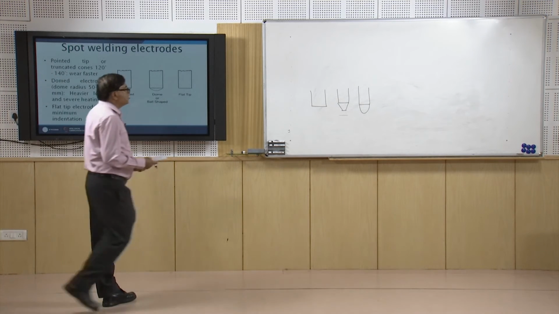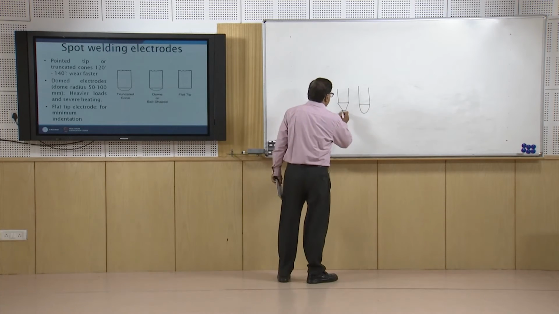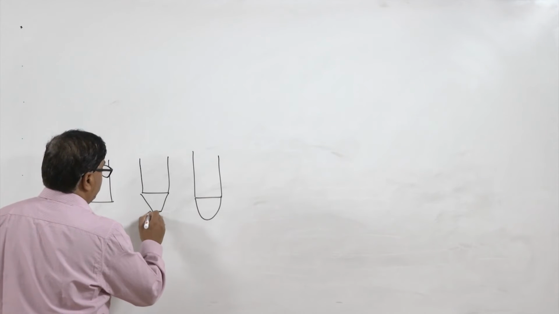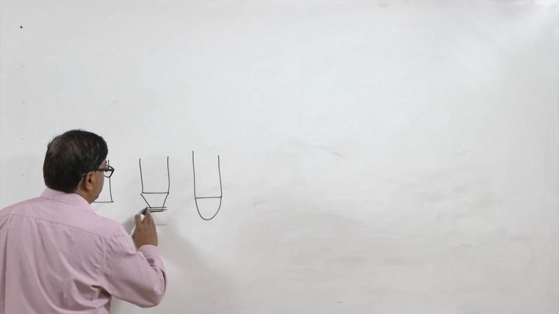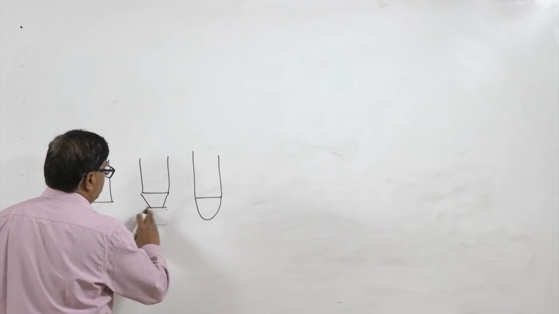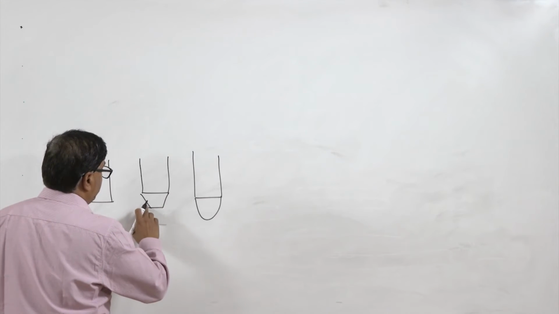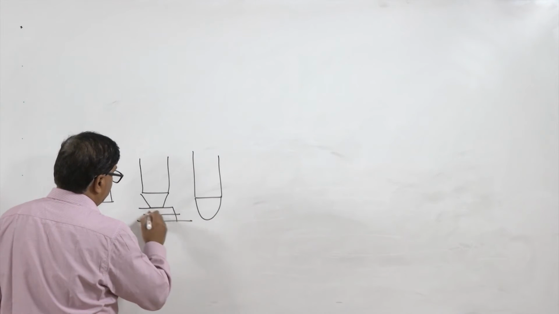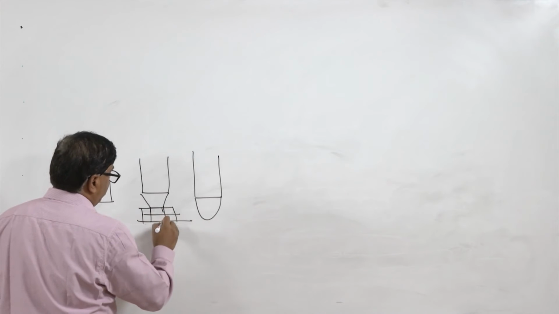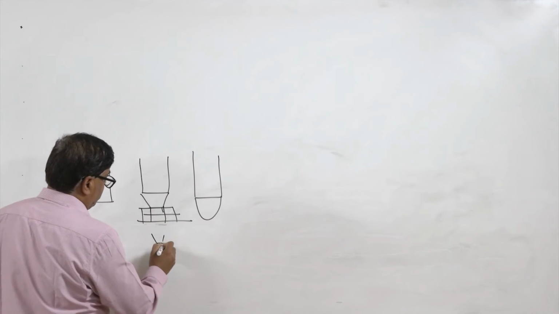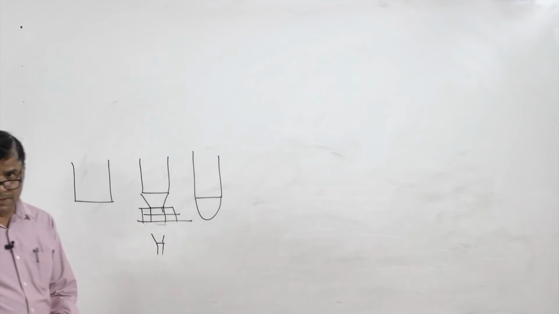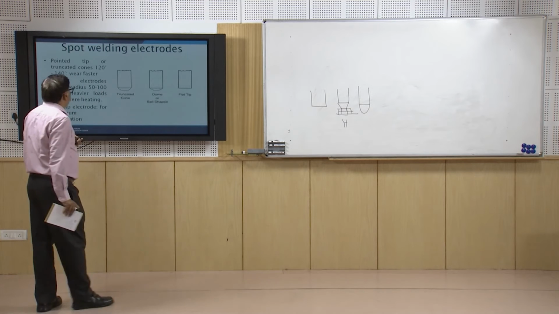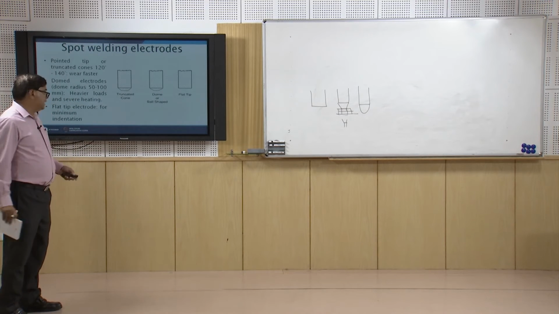So, we know the change in the diameter, say initially the diameter is this much, then wear will simply result in the increase in the diameter of the electrode tip, which will be coming in contact with the workpiece, and which in turn will lower the current density being fed. Now, current will be fed over this area instead of the smaller area. So, reduction in current density basically will be reducing the size of the nugget, which will be formed in case of wear of the electrode.